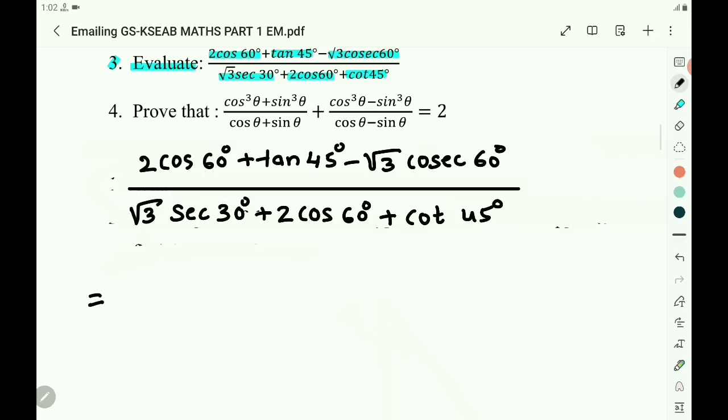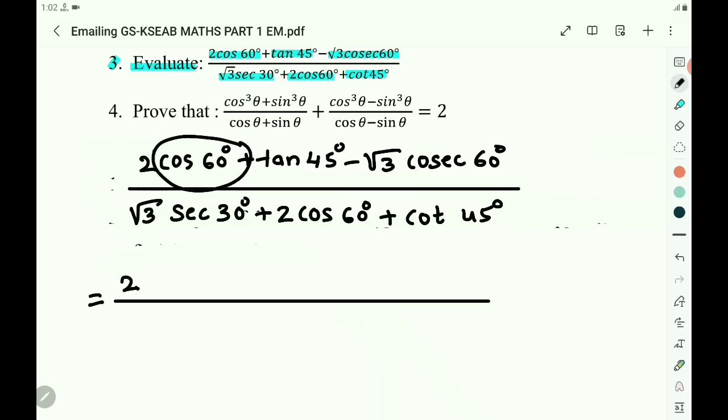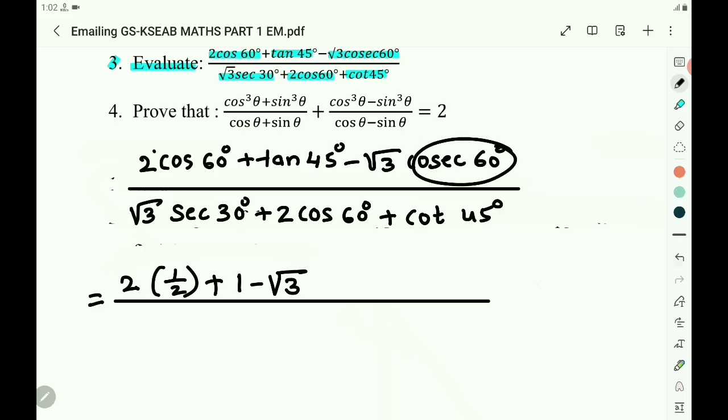Equals, write 2 as it is. 2, what is the value of cos 60? Cos 60 is 1 by 2, plus tan 45. What is the value of tan 45? Tan 45 is 1, minus root 3 cosec 60. Cosec is the reciprocal of sin.